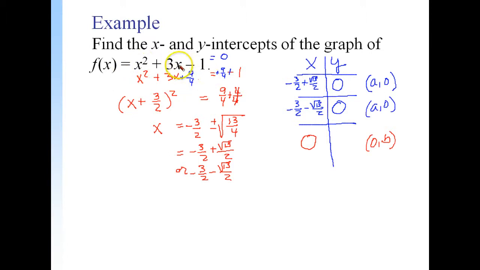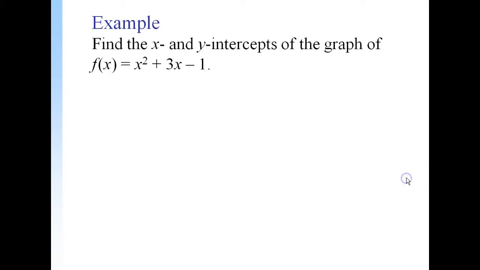And now if my x is 0, I can go right into this formula here. If x is 0, this is a 0, this is a 0, y is going to equal -1. And that will be my y-intercept. Okay? And again, they didn't ask us to find the vertex or anything here, so they just wanted us to find the intercepts.